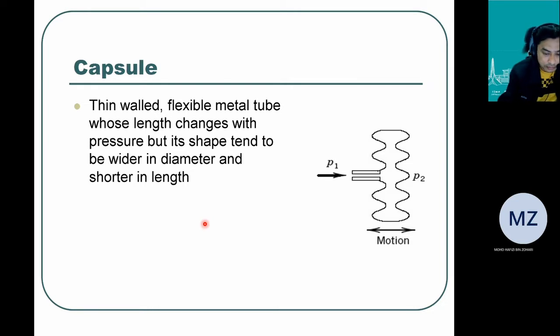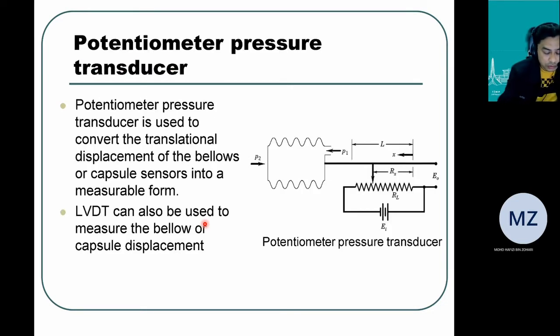Okay. So all bellows and capsules can be connected together with the potentiometer pressure transducer, which is like a variable resistor.